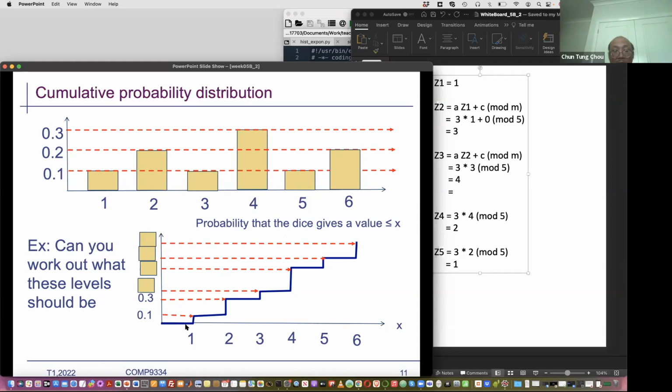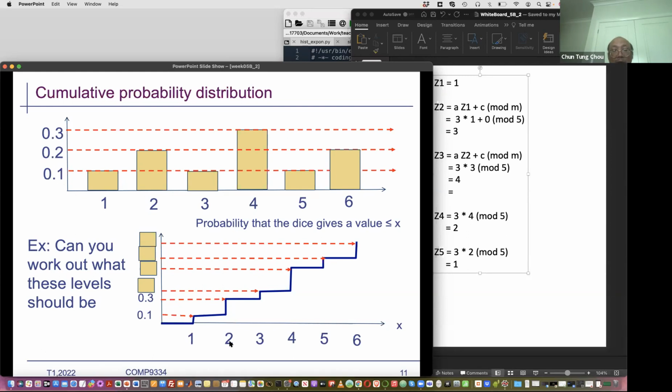So this is 1, and this is less than 1, so the probability that the die will give a value less than or equal to x will be 0. Now, what's the chance that the die will give a number between 1 and 2, including 1? Then it will be 0.1, because there's a chance that you get a number 1 with 0.1.